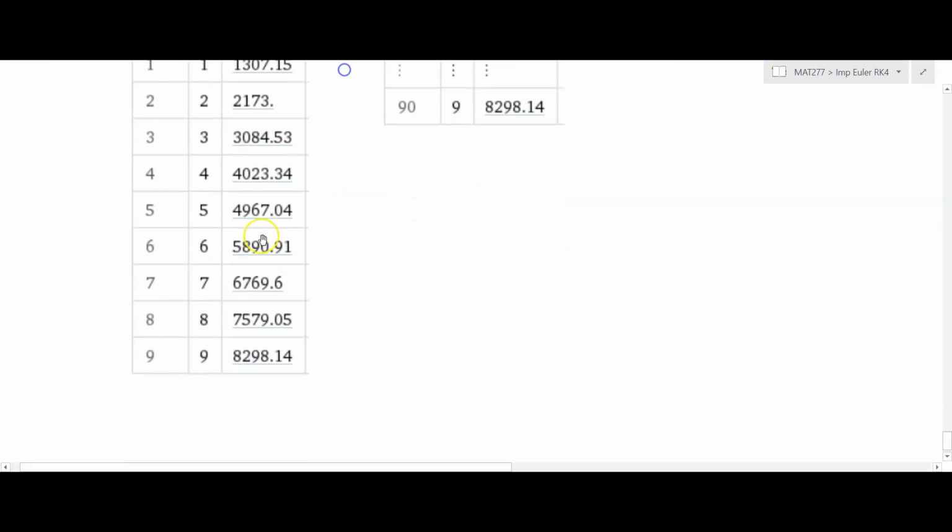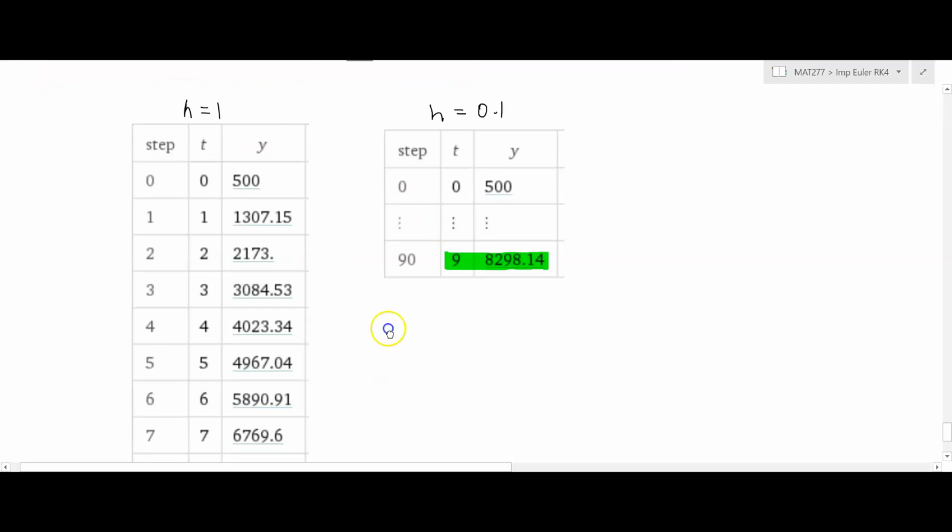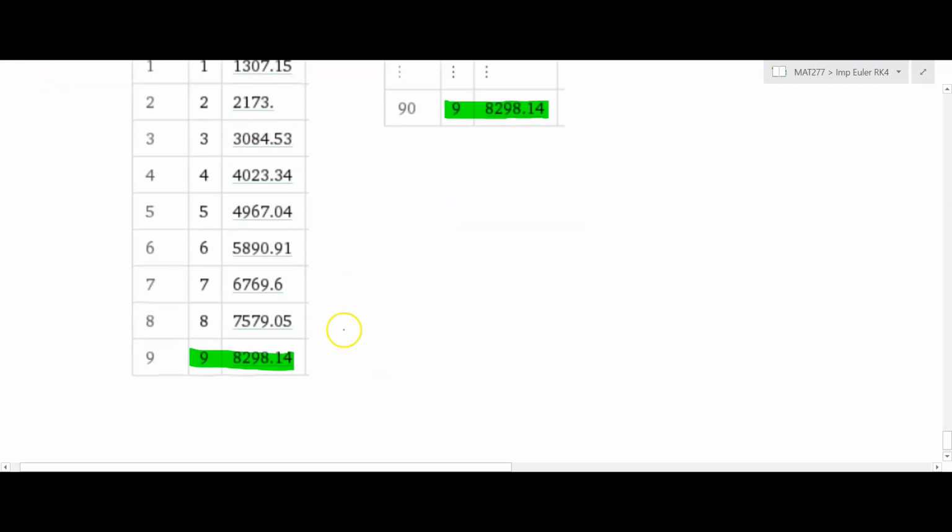If h is set to 1, at 3 p.m. we see that there are estimated to be 8,298 salmon. And then all I've done is go ahead and set the step size to 0.1 and rerun this, and notice that the answer at time 9 is the same. So what does that mean?